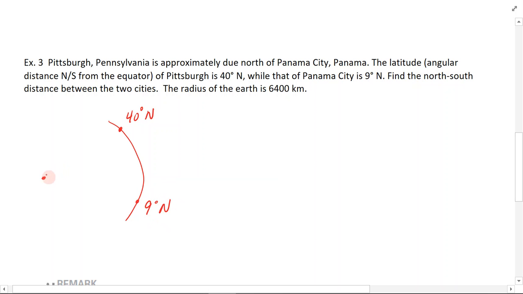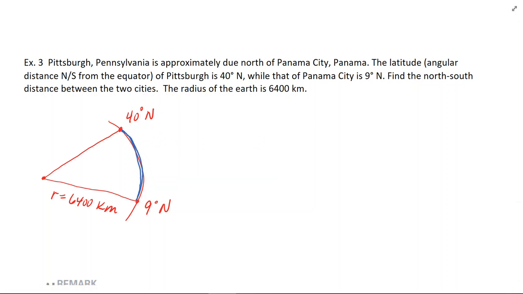And from the center of the Earth to each of these two cities, we have a constant radius because it's a circle. So the radius here is 6,400 kilometers. I have a degree measure here for Pittsburgh and one for Panama City. The question wants me to find out what this arc length is.